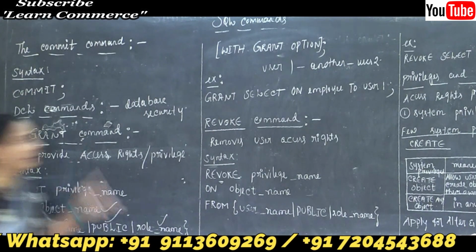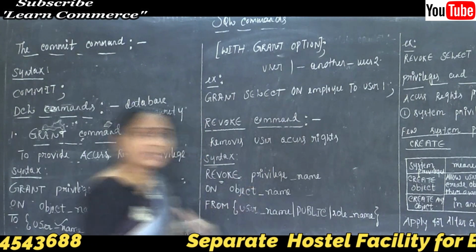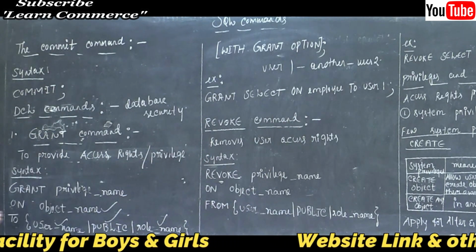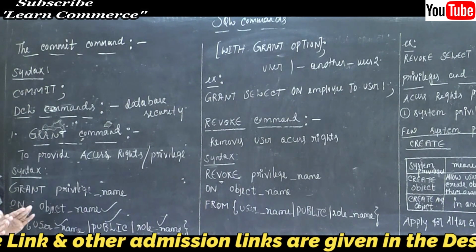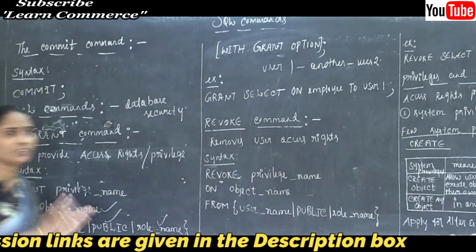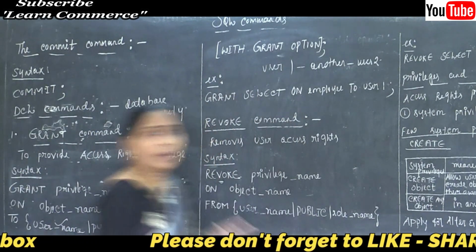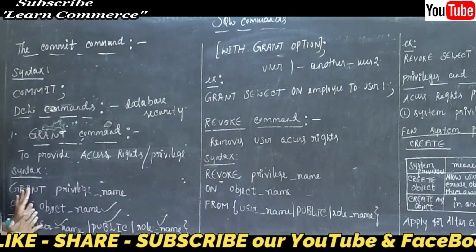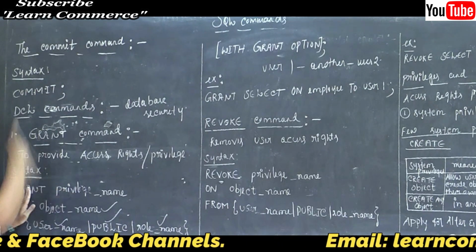Next, our revoke command. If you are using the revoke command, it just removes whatever permission was granted to the user. It removes such permission from the user, that is called the revoke command. In our grant command we already gave one permission to user 1 and also to user 2.